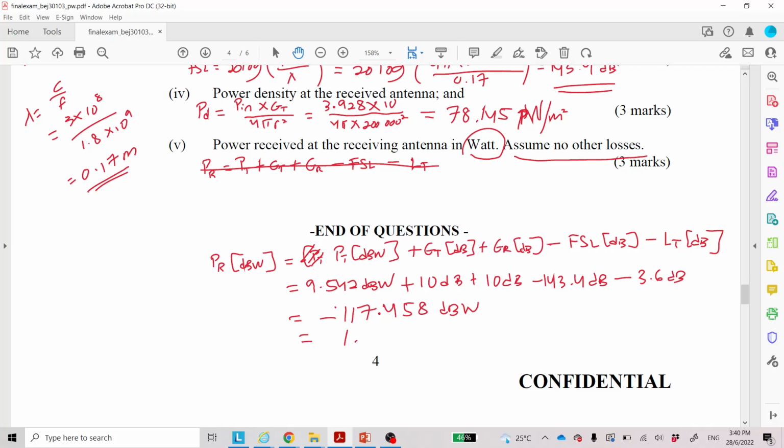Sorry, use a calculator. Anti-log of minus 11.7458, you're going to get 1.796 times 10 to the power of minus 12 watt, which is a picowatt.